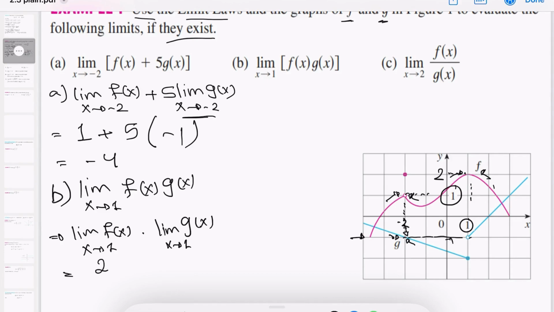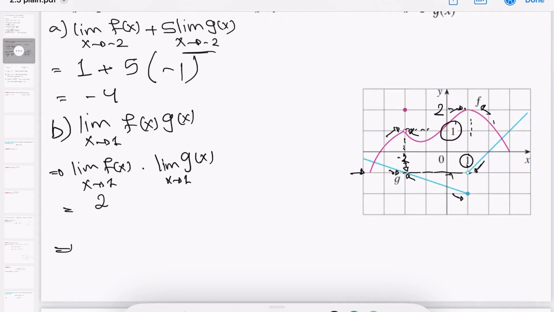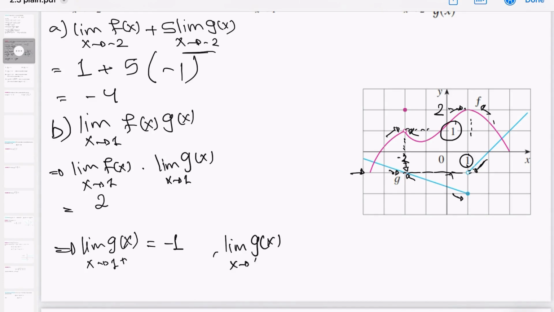But here's the problem: when we check the limit of the function g as x goes to 1, it's clear that from the right and from the left they are different. We can distribute it like this and say that the limit of the function g as x goes to 1 from the right is equal to minus 1, and as x goes to 1 from the left is equal to minus 2.